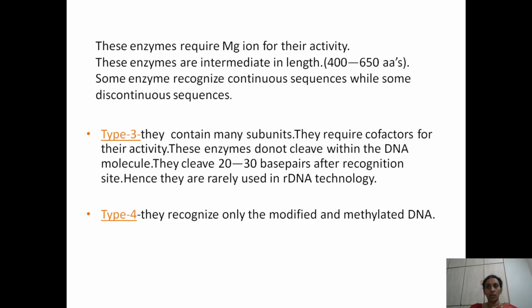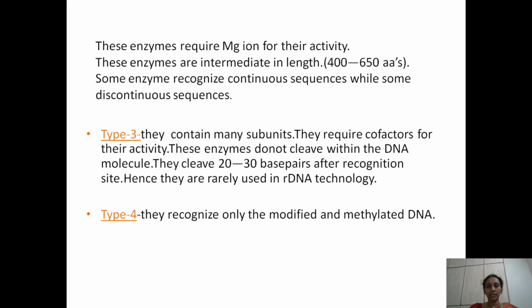But we want enzymes which cleave exactly at the restriction site, because the name itself is restriction endonucleases. They should cut the DNA at the restriction site only. They should not cut everywhere, which is called random cleavage. It should cut exactly. Hence, type 1 and type 3 are not used in rDNA technology.